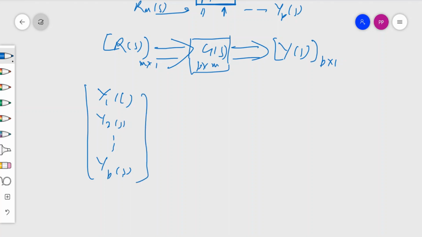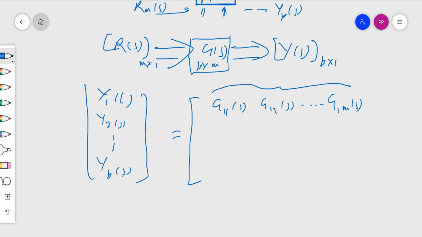This is the vector, and this is equal to there are many transfer functions, g11s, g12s, it will go up to g1ms, because the input vector has m rows, so this should have m columns in the transfer function.